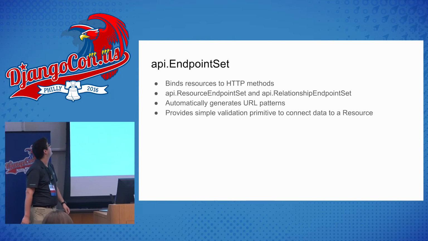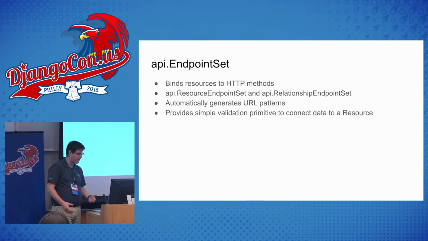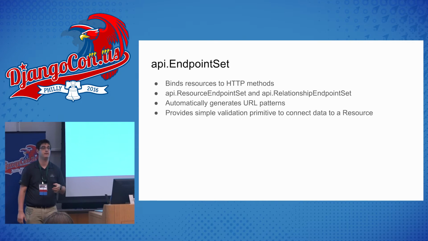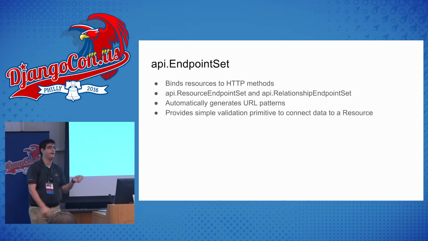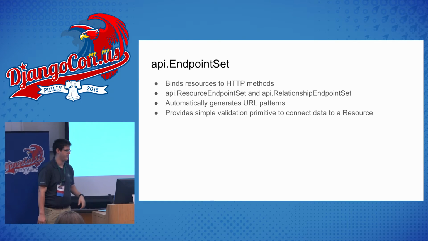So an API endpoint set. An API endpoint set is what binds the resources to the HTTP methods. So when you perform a GET, in pinax-api it's going to get translated into a retrieve method where you would actually implement the logic, and I'll show it here in a second.